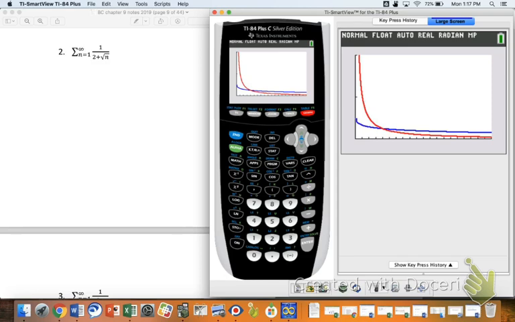So let's think about this. This one is a tad different. I want you to notice something here. I'm going to compare to the sum of 1 over x.